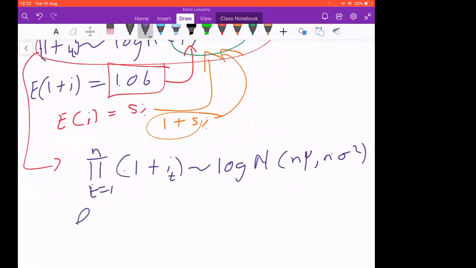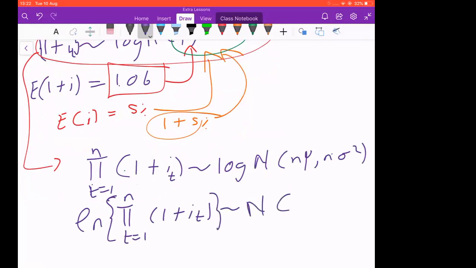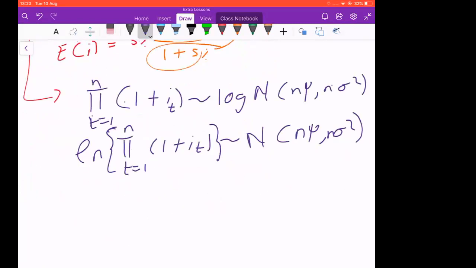And the logarithm of 1 plus I is going to be normally distributed with mu. If you have these answers, then you can find your solutions, right?